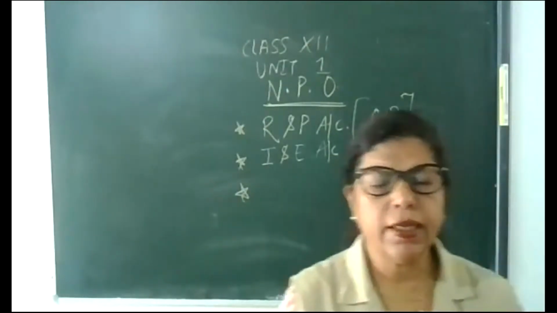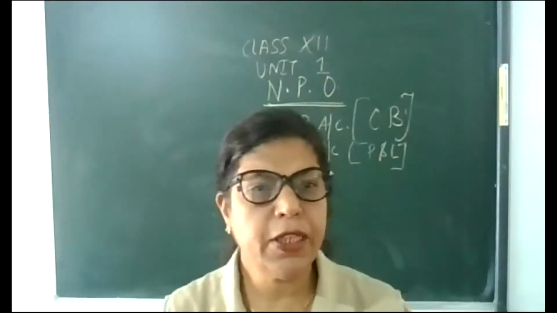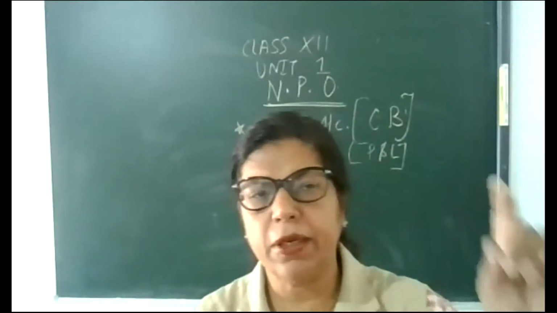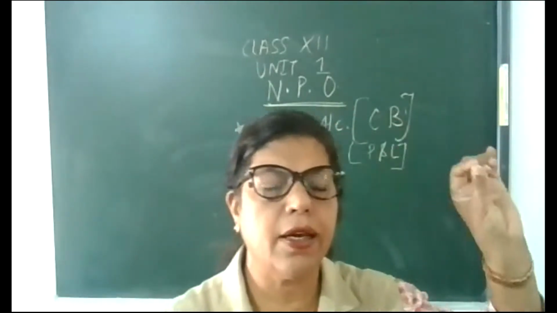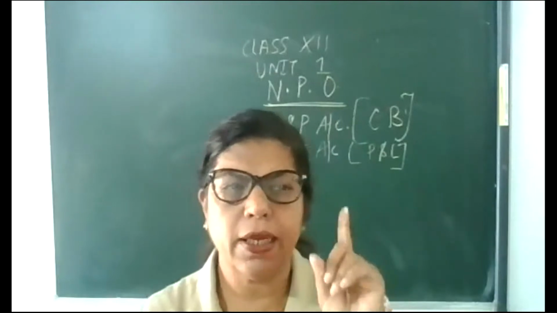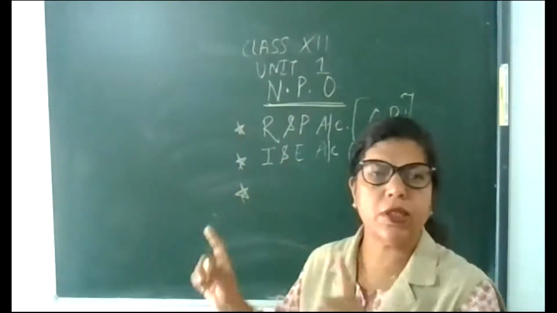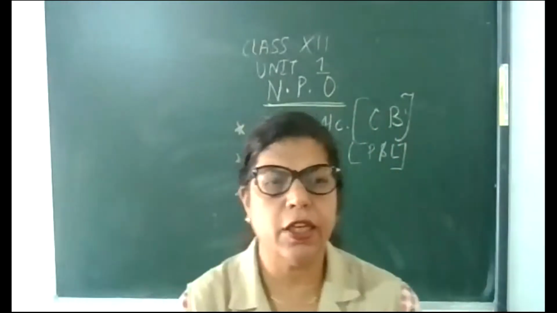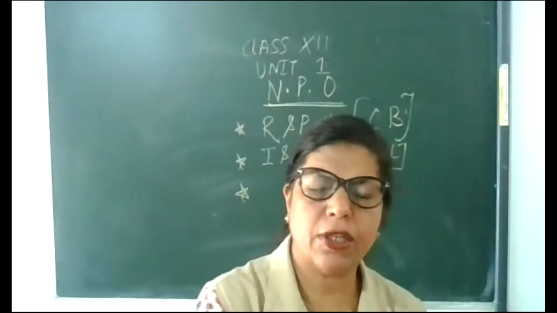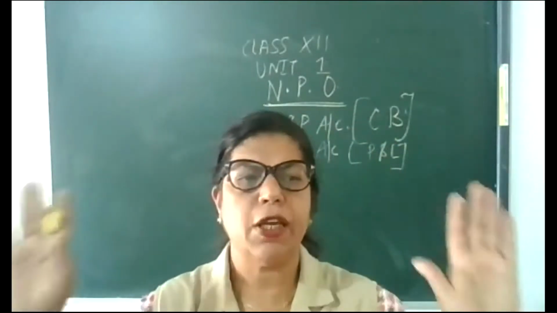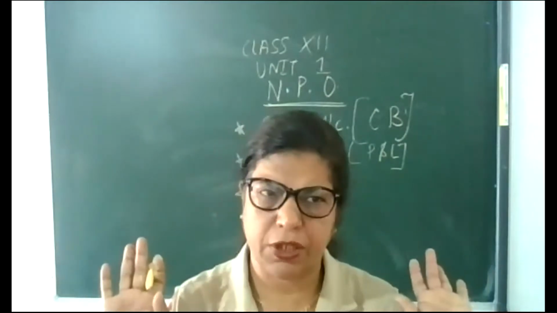It is like a profit and loss account. Profit and loss account is prepared by profit organizations because they are running with the aim to earn profits, while non-profit organizations are running for the betterment of society, for the welfare of the group. Their aim is not to earn profits.